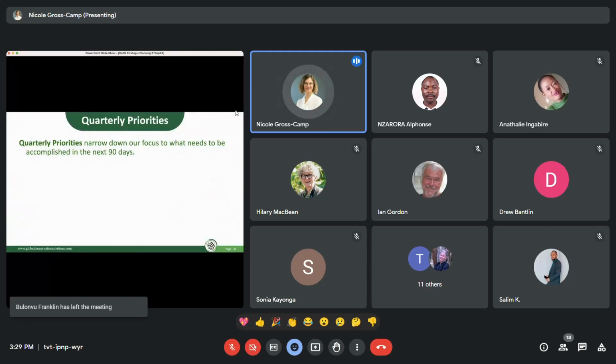Priorities. So what is it we need to do in the next 90 days in order to move towards that 1-year, 3-year, and 10-year goal?